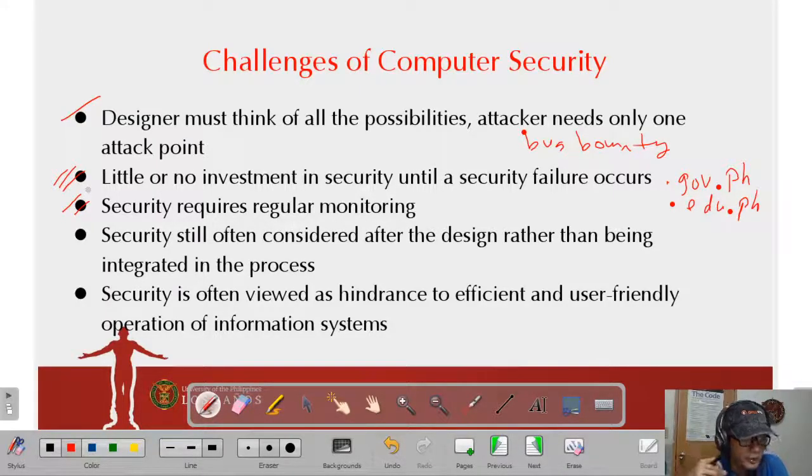So that's a problem. Security requires regular monitoring, or in your case, on your personal computer, for example, how often do you apply updates to your system? In my case, because of these things, I always update my system.